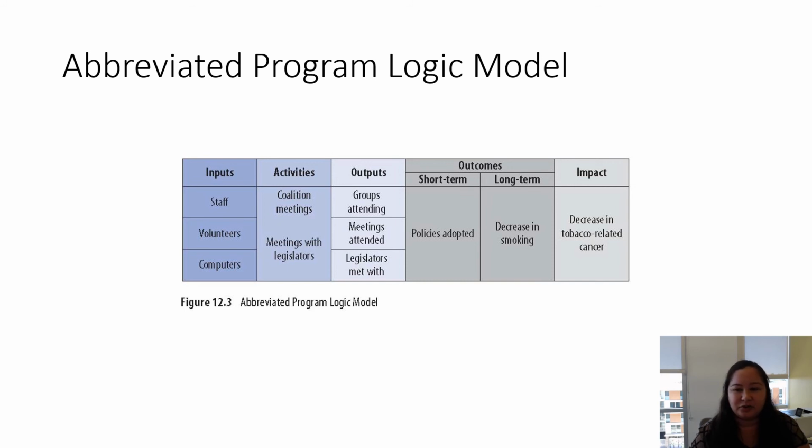What short-term behaviors or outcomes happen? What's a little bit more long-term, like decreasing some type of rate or decreasing risk? And then what is the overall impact? So again, this is a very brief model of a program logic model. And the reason this is incorporated in the evaluation talk is that it helps you think about what it is that you need to evaluate.